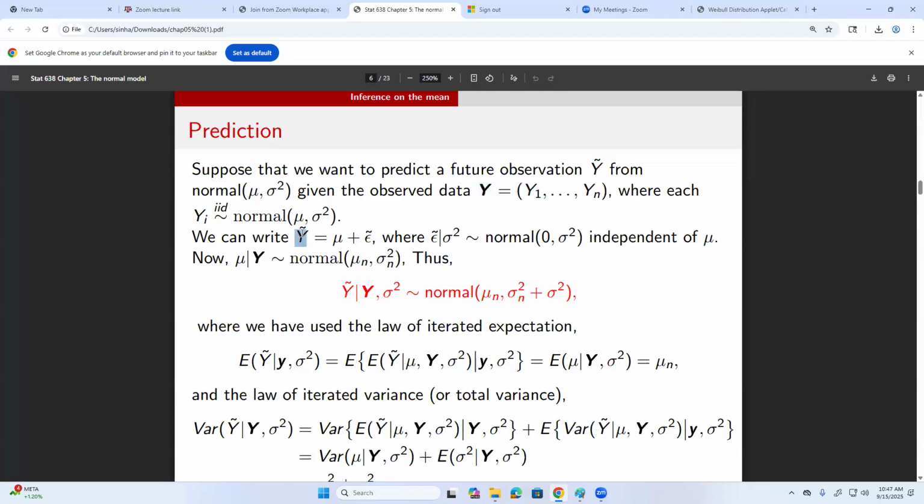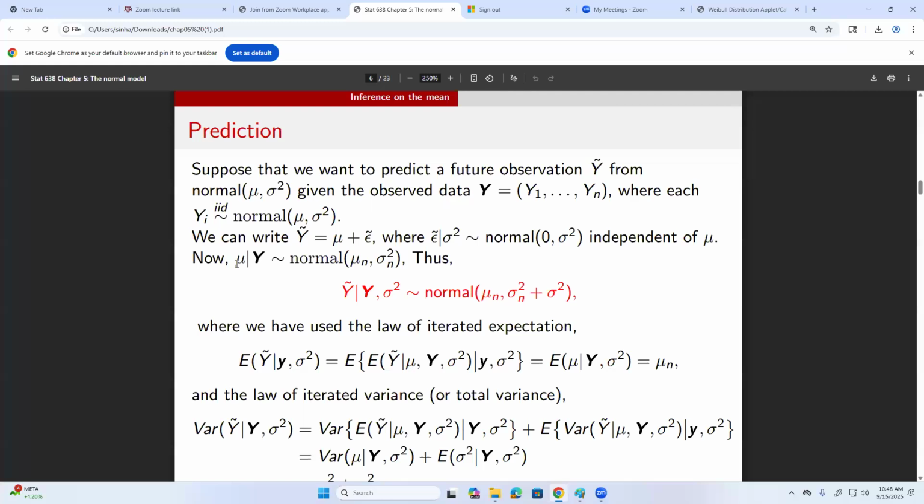I can write y tilde, a new observation, as mu plus an error, where this error follows a normal distribution with mean 0 and variance sigma square. Any normal random variable I can write as mu plus another normal with mean 0 and the same variance. This is just a simple linear transformation of a normal distribution.